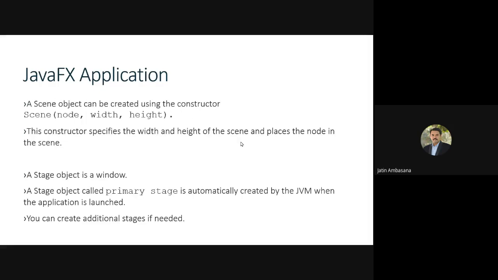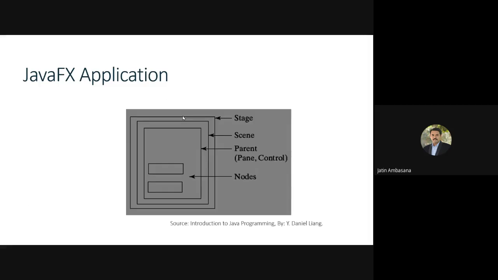Then we saw what is a scene object. Any node can be added to a scene object, and the scene object can in turn be added to the stage object, which is automatically created by the JVM when the application is launched. So we have already seen that first comes the stage, which acts as a frame.